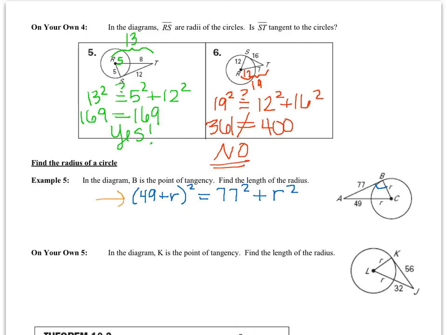We need to simplify this right here. So (49 plus r) squared, well, remember FOIL, that's 49 plus r times 49 plus r.